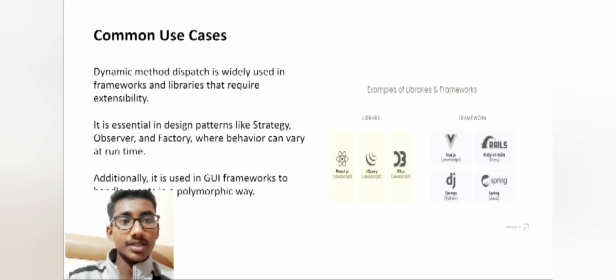Next, we can see the common use cases of dynamic method dispatch. Dynamic method dispatch is widely used in frameworks and libraries that require extensibility. It is essential in design patterns like strategy, observer, and factory, where behavior can vary at runtime.